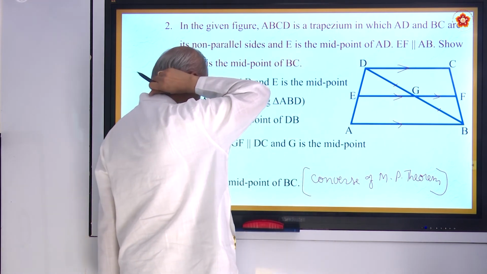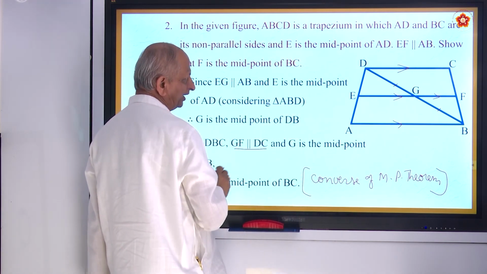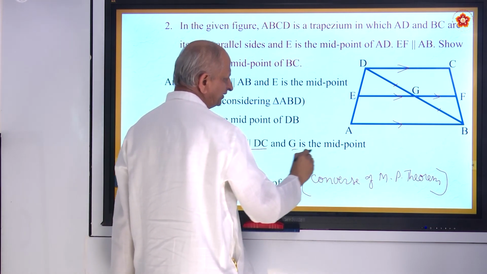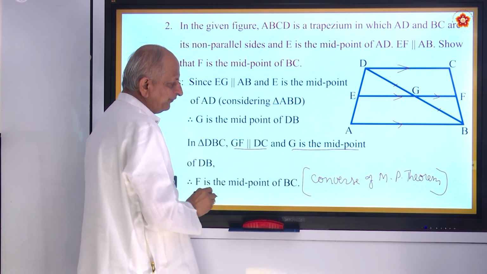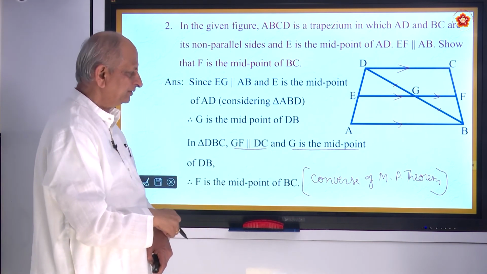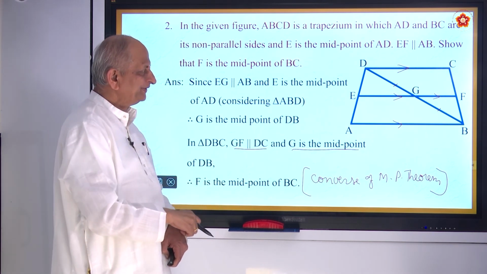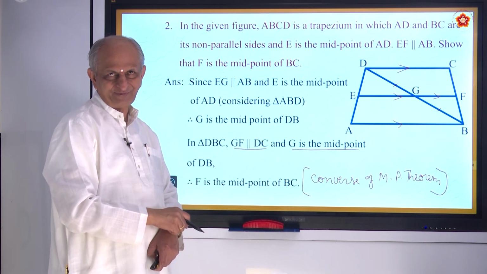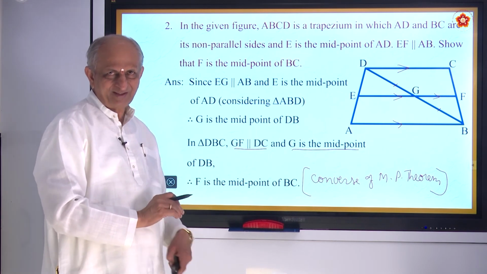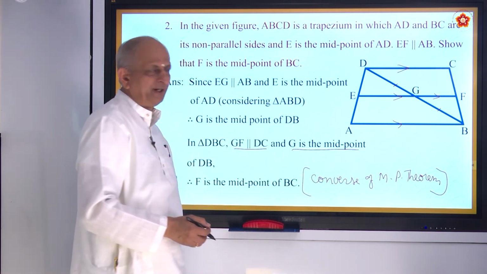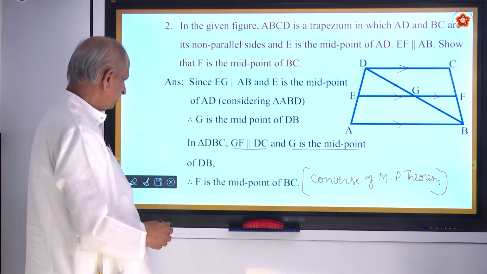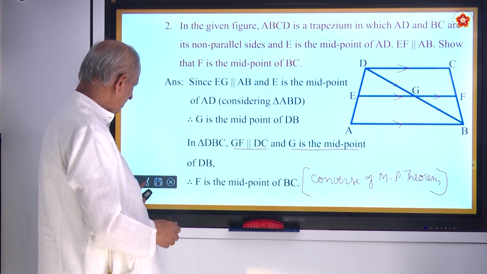So GF is parallel to DC and G is the midpoint. So as per the converse, F also becomes the midpoint of BC. Followed? Is it alright? So this is on the basis of converse of midpoint theorem. Followed? So shall we move on to next one?